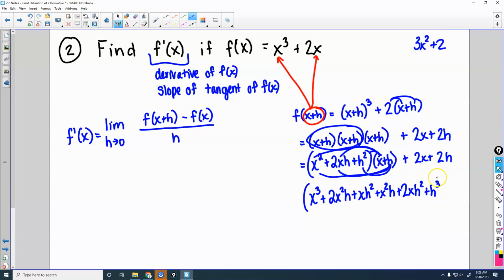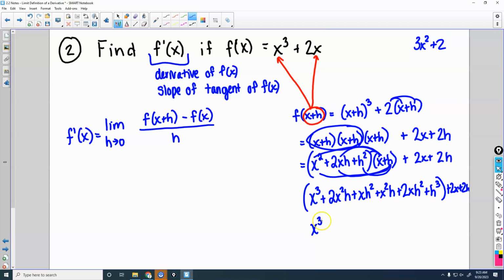That's all of this stuff right here. I still got the plus 2x plus 2h over here. It's not that bad, but it's easy to mess up on these things. Just one sign off or one number wrong, and it's easy to miss. On this one it's easier because there's only positives here. If you throw in some minuses, it can make it trickier.